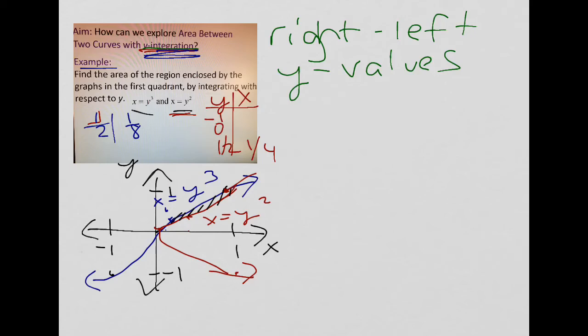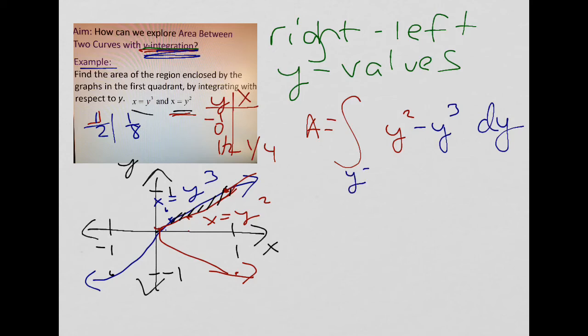Okay, so area. Integrate right minus left. Our right function being y squared. We want to keep things in terms of y. And our left function being y cubed. Don't forget we're going to integrate with respect to y. But that also means that we need y values here and here.